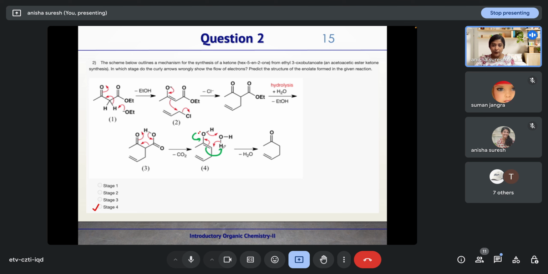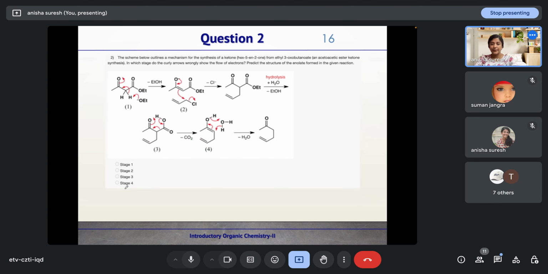This will abstract the proton in this fashion and form O minus. Right, this is a proton, it is H plus. As shown here, they are showing it like H minus. So whatever mechanism they have shown here is wrong. So the stage 4 mechanism is wrong. So the arrow pushing in stage 4 is wrong. Is it clear?